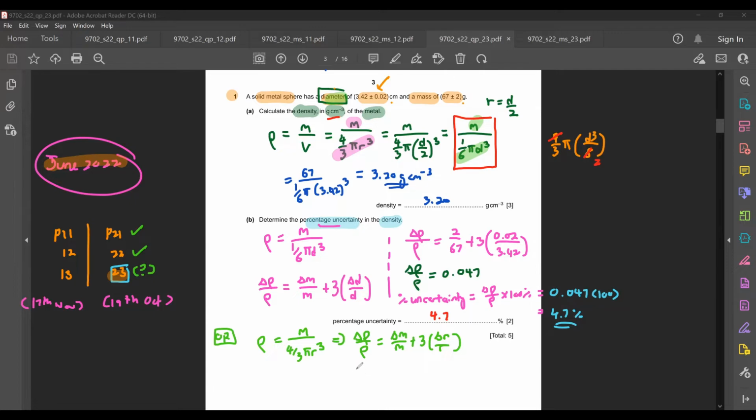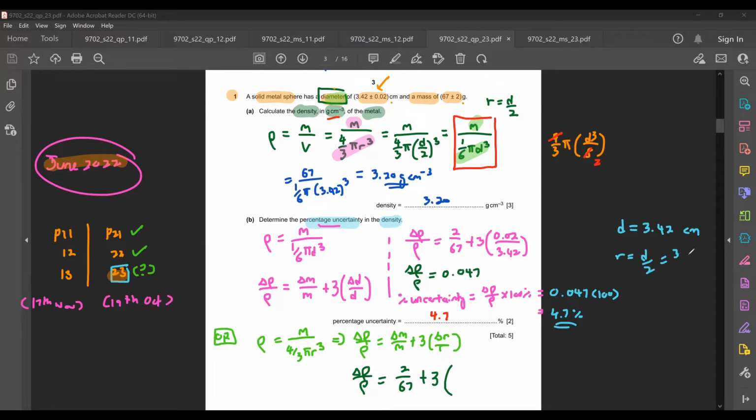This one would be something like this. If you wrote this, the fractional uncertainty of density equals the fractional uncertainty of the mass, 2 divided by 67, plus 3 times the fractional uncertainty of the radius. If I know that the diameter is 3.42 centimeter, the radius is half of my diameter.